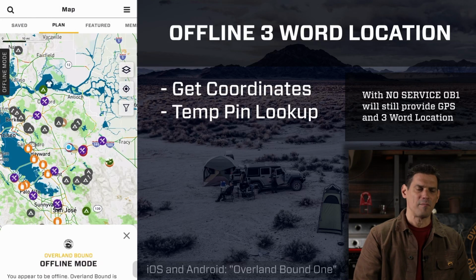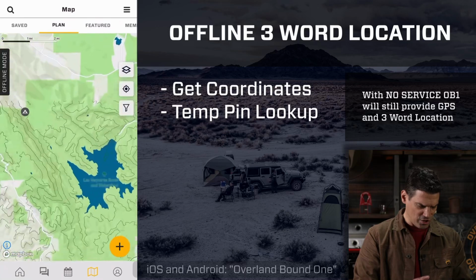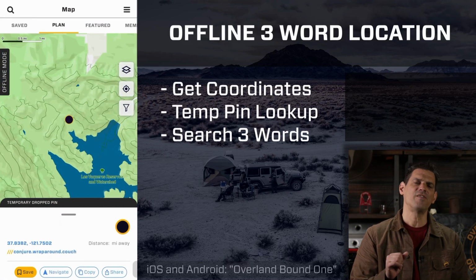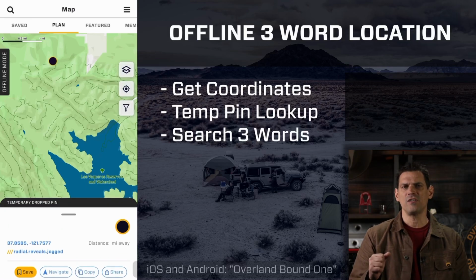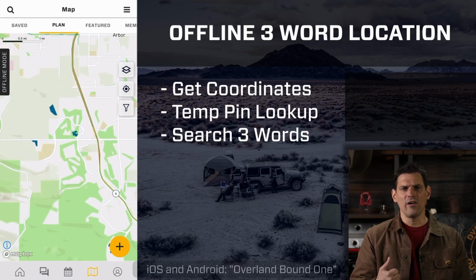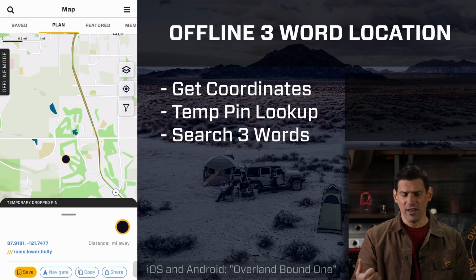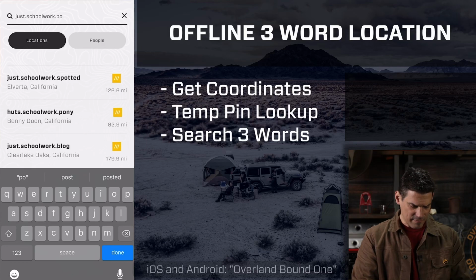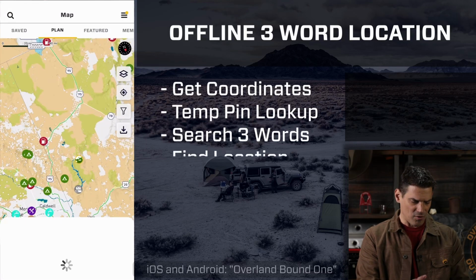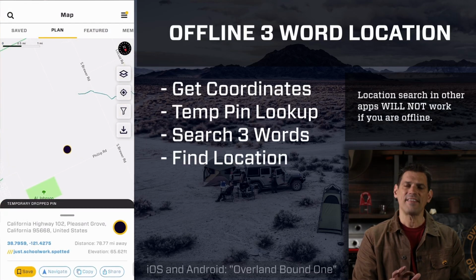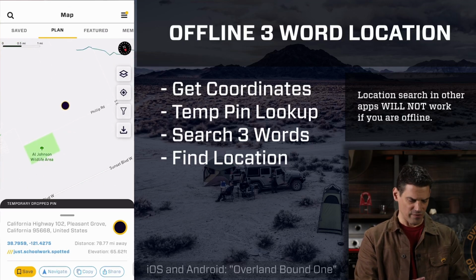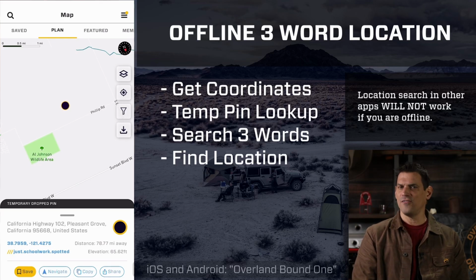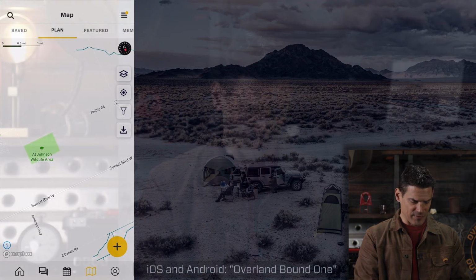In the case of Overland Bound 1, even when you are offline and have no service, if you receive a 3-word location via SATCOM or via radio broadcast, ham radio, then if you type in those 3 words, even if you're offline, you'll be able to find that location with no cell phone service. That is a safety feature, but also a convenient way to share off-grid location.